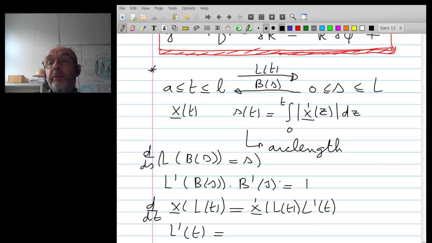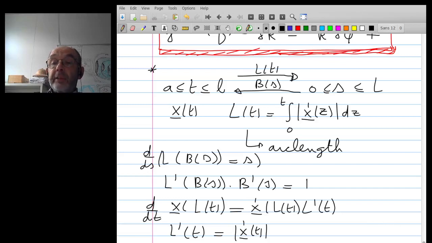And if you take the derivative of that L, you get the length of that vector out of it.